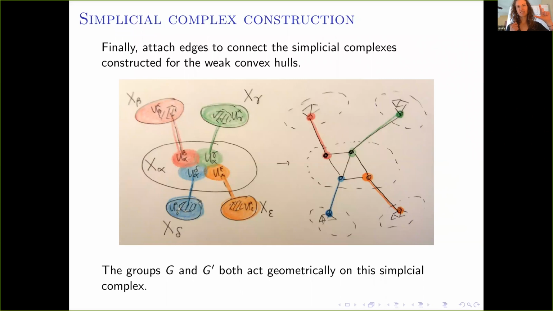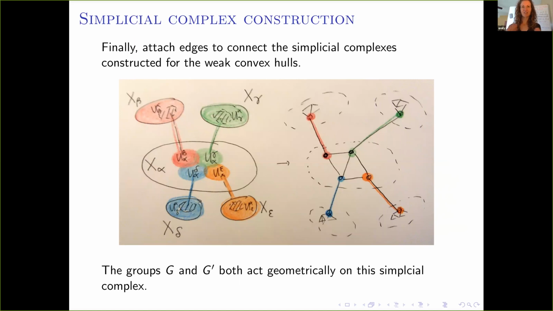And there's a natural way to connect the simplicial complexes. So if the R neighborhood of X sub beta intersects X sub alpha, then the R neighborhood of X sub alpha intersects X sub beta. So if that happens, then you connect the two corresponding vertices with an edge. And this gives you a big simplicial complex.